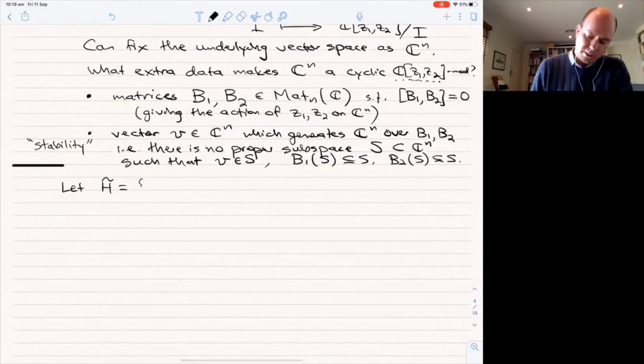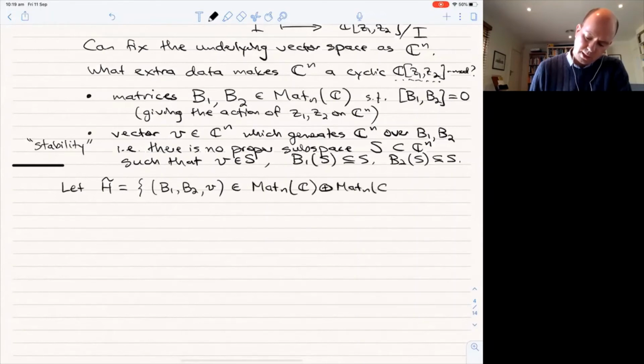So this is the set of all triples B1, B2, and V in the vector space, the direct sum of two copies of n by n matrices and Cn, such that B1 and B2 commute, and you have the stability condition.